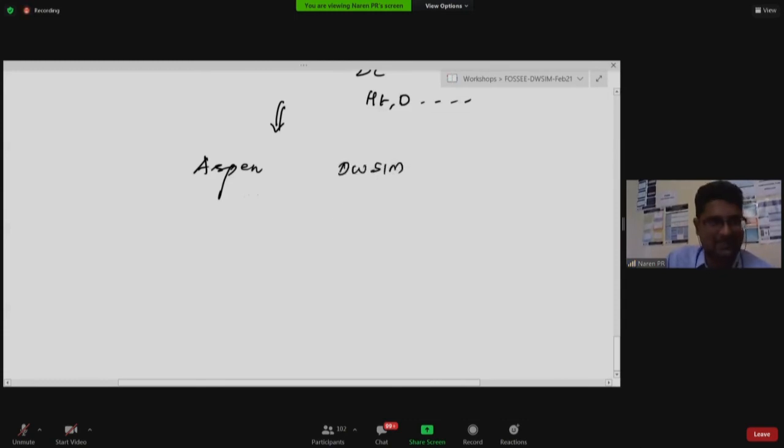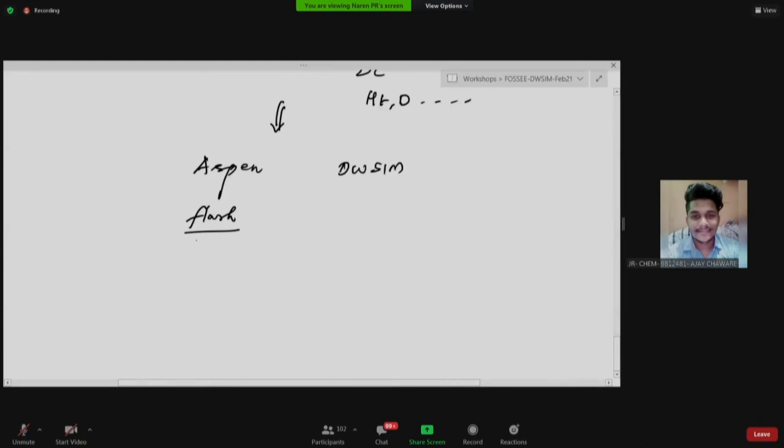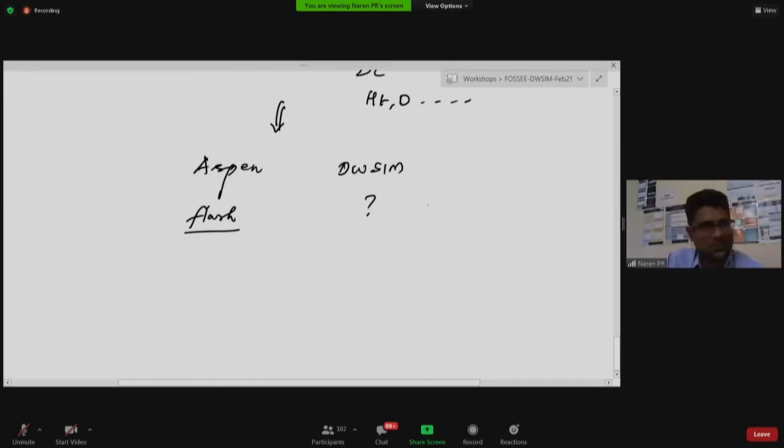In Aspen, you cannot find a bubble point or a dew point composition without adding an equipment. Those of you who have used Aspen, can you find the flash or the two-phase composition without adding an equipment? Do you think it is possible? No. In DWSIM, it's possible. So don't you think now which is more powerful?